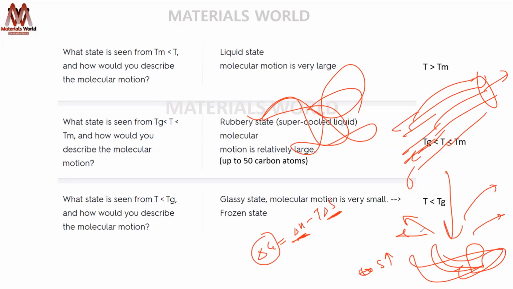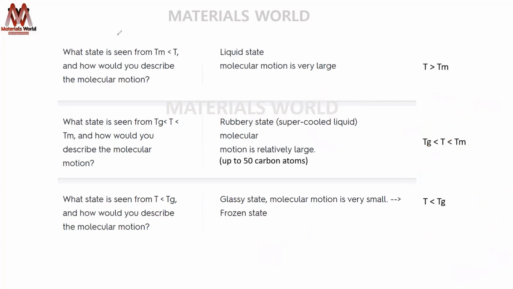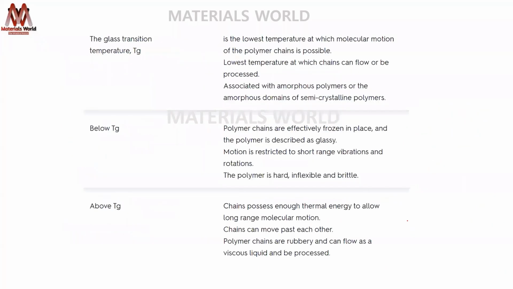That is how entropy and relaxation happen with deformation. So we learned about the state and molecular motion in different regions. The summary is that Tg is the lowest temperature at which you get segmental mobility, molecular motion, and the lowest temperature at which the chain can flow or be processed is near Tg.